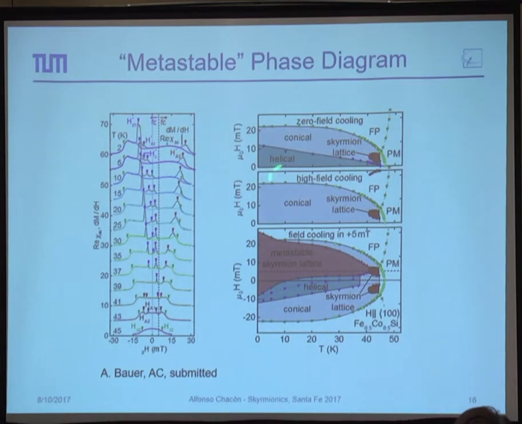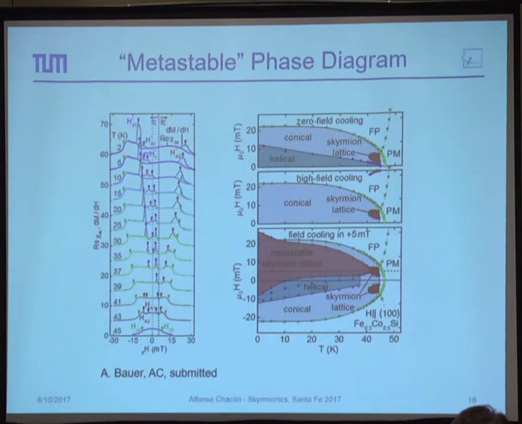If you come from the saturated phase, then you only see a conical propagation and a small skyrmion lattice just below Tc. And if we cool the sample through the skyrmion lattice and increase or decrease the field accordingly, then we observe a very large phase of metastable skyrmion lattice, as well as a transition to a helical phase starting from some critical temperature or critical field, as well as a conical phase, as we would typically expect.